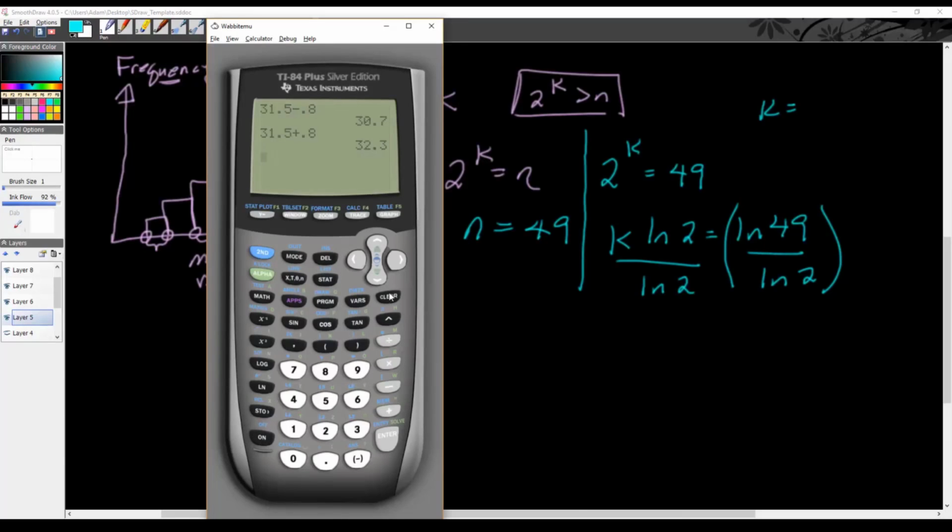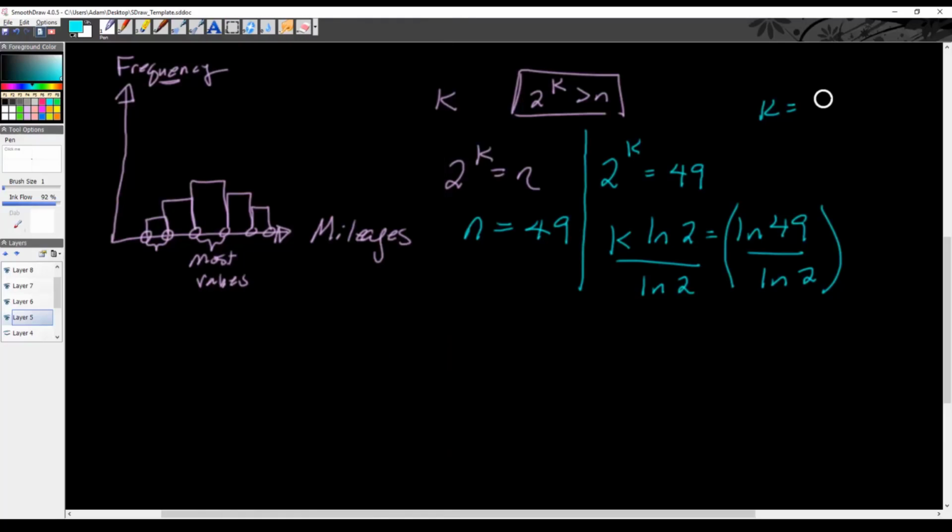I take the natural log of 49 and divide that by the natural log of 2, and I get 5.61. And then what do we do? We round up to 6. So that's the number of bins that we should use, but we don't have to use that number. We can use a little bit more or a little bit less.